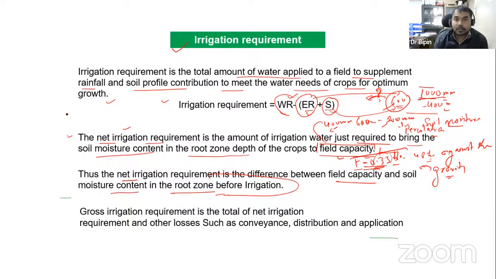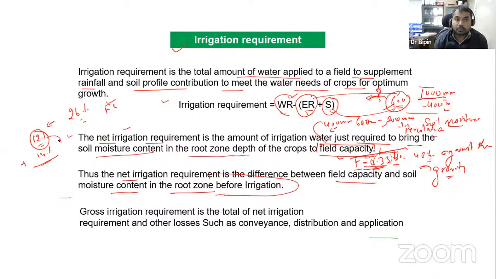Okay, so you can also calculate it this way. Suppose 26% is the field capacity of your field, and you right now have 12% moisture in your field. So how much is required? 14%.